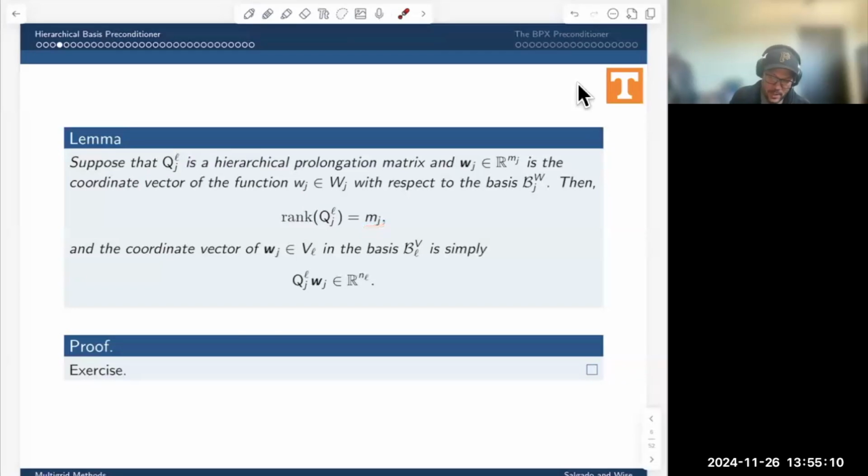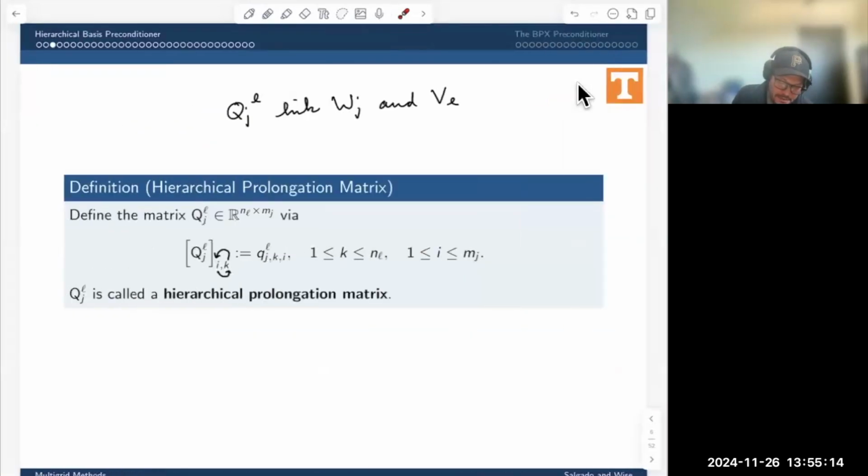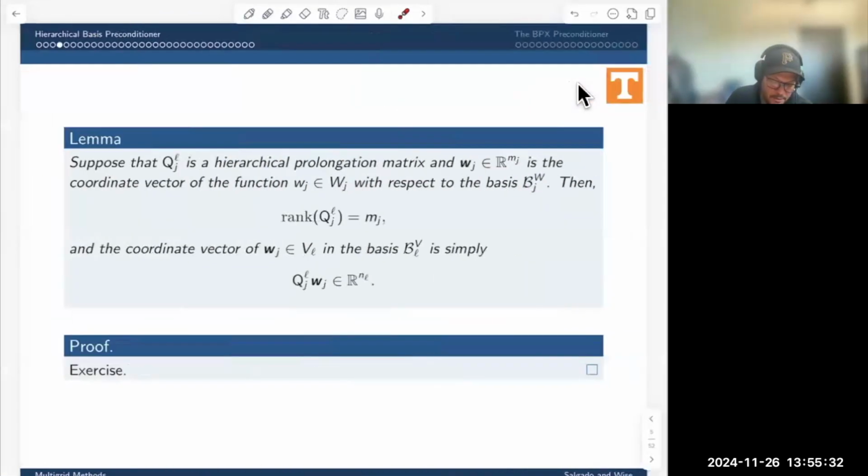That says it's full rank, so that's the number of columns. Full rank means the rank equals the smallest dimension, and the smallest dimension is of course the number of columns. So if it's full rank, it has to have rank MJ. That's what this lemma states.